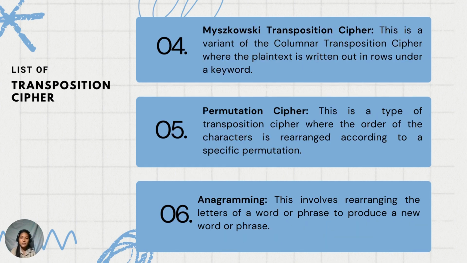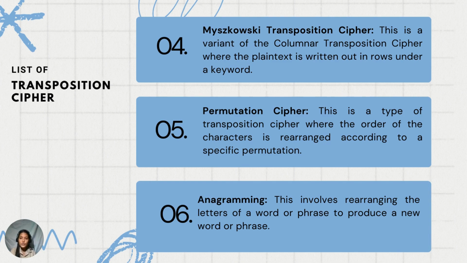The fourth one is the main topic of this video, which is the Myszkowski transposition cipher. This is a variant of the columnar transposition cipher where the plaintext is written out in rows under a keyword. And the fifth one is the permutation cipher. This is another form of transposition cipher, which involves rearranging the characters in the plaintext according to a specific predetermined order.